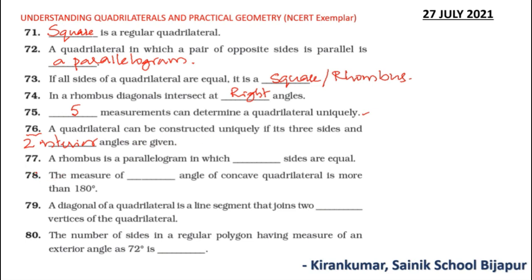Question 77. A rhombus is a parallelogram in which dash sides are equal. Here it is adjacent. Adjacent sides will be equal in a rhombus. Question 78. The measure of dash angle of a concave quadrilateral is more than 180 degrees.